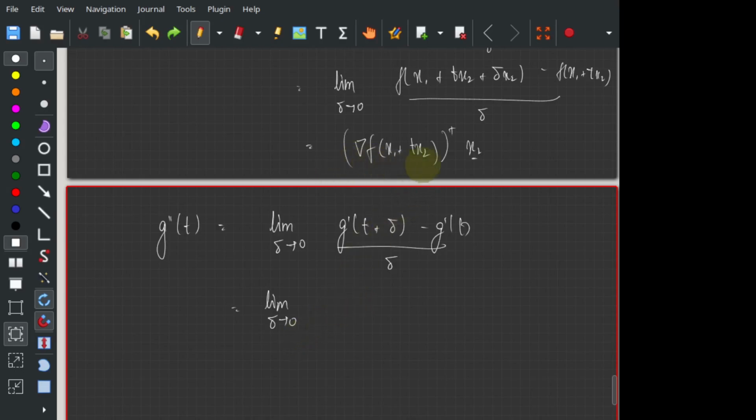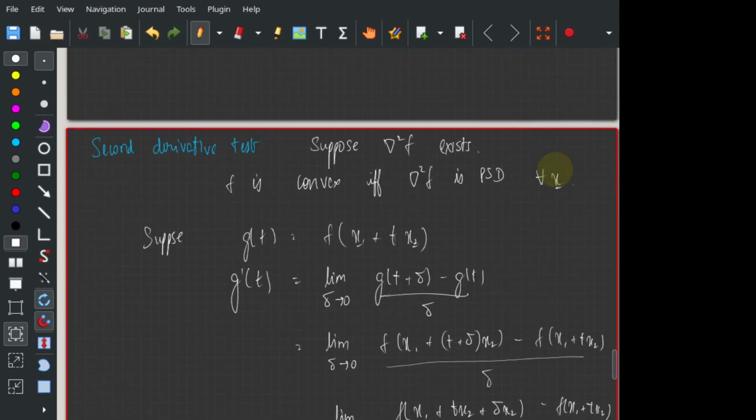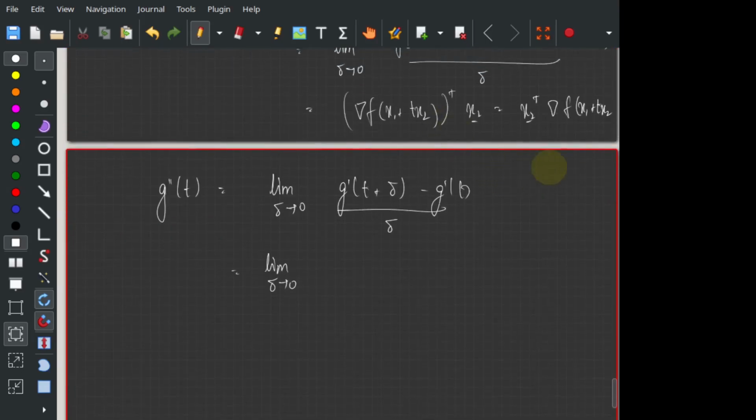So I'll write this. This is also equal to x2 transpose gradient f at x1 plus t x2, right? They're both the same thing, but I'll prefer to use this particular form.